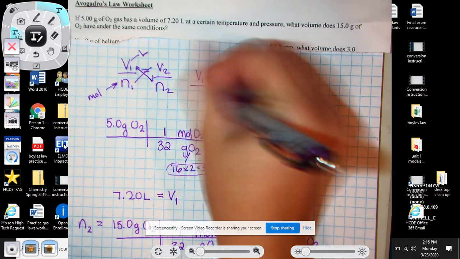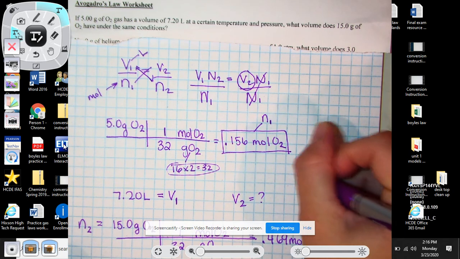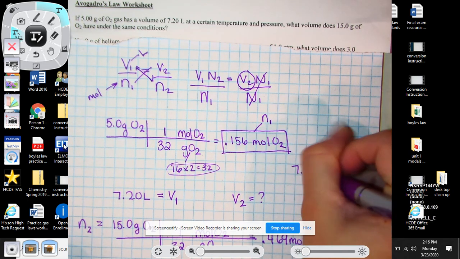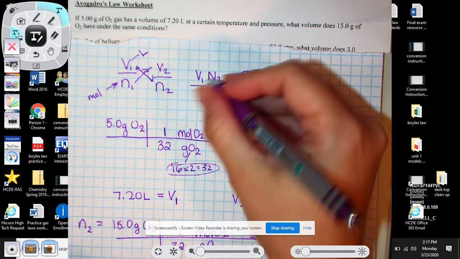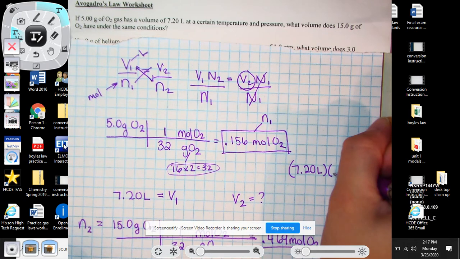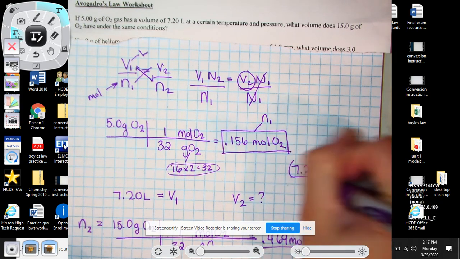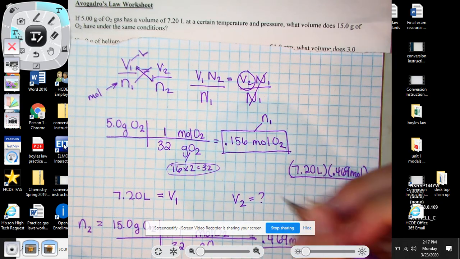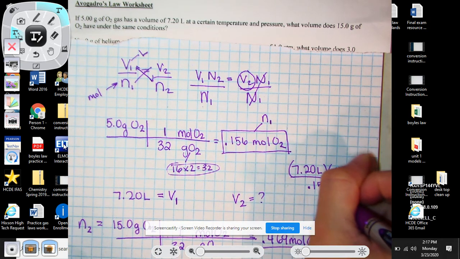This side's going to cancel, and I'm stuck with V1 is 7.20 liters times N2, which was 0.469 moles, and then divided by N1, which was 0.156 moles.